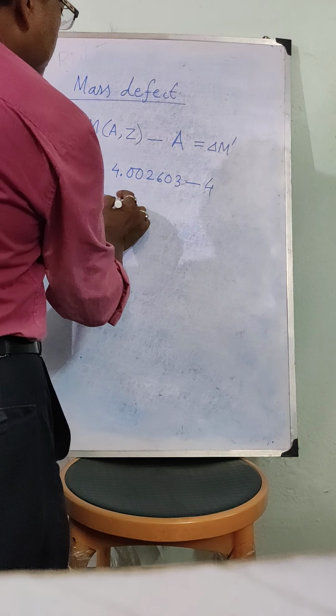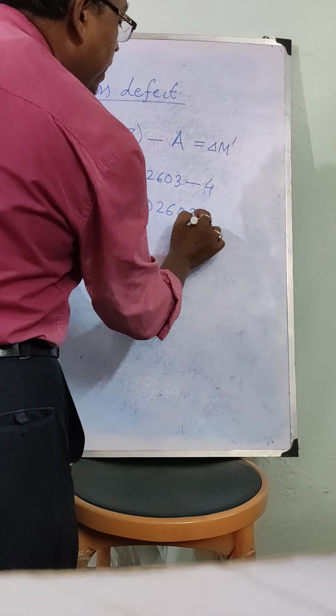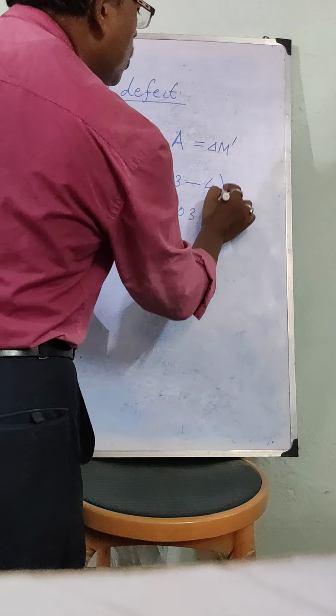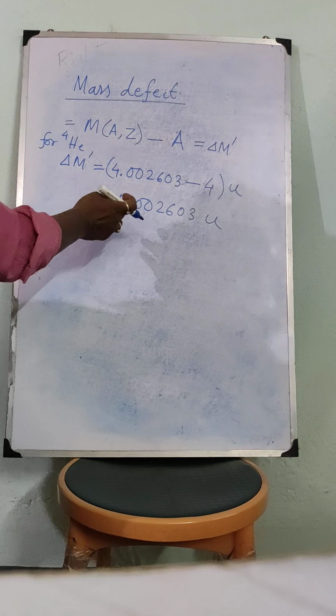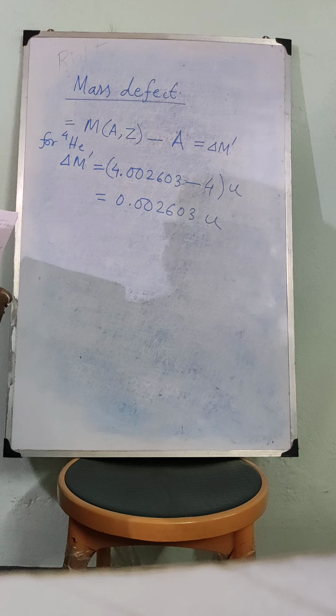So this is 0.002603 U. Here also U. So this is the mass defect of the helium 4 atom.